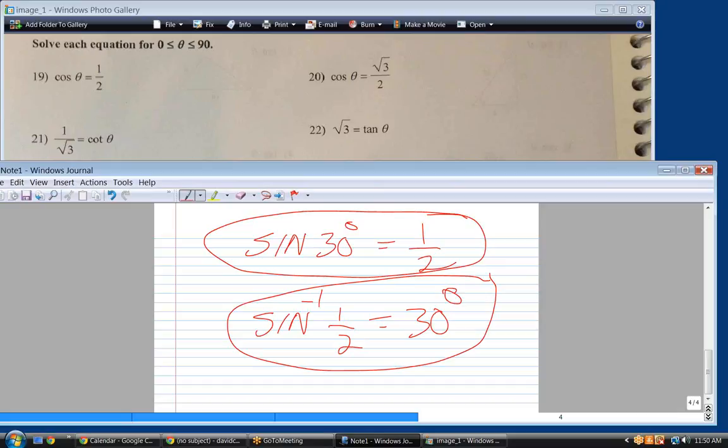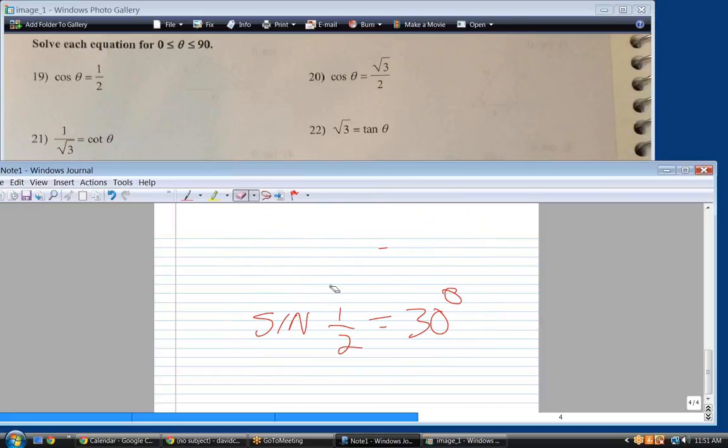Okay? So we're looking for the angle whose cosine is 1/2. What is that angle? Are you supposed to be able to use your calculator in this section? Yeah, I think so. You don't want to, actually. We learned how to do it without the calculator.